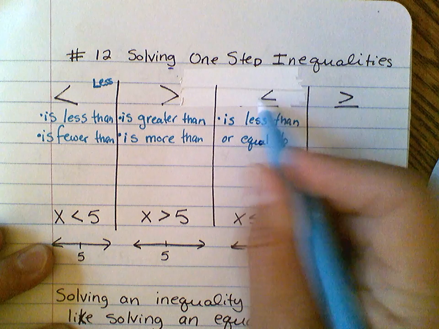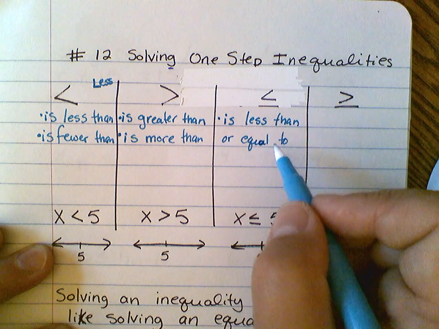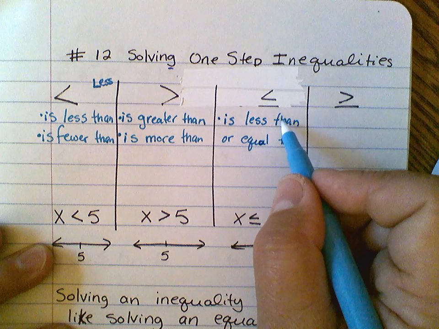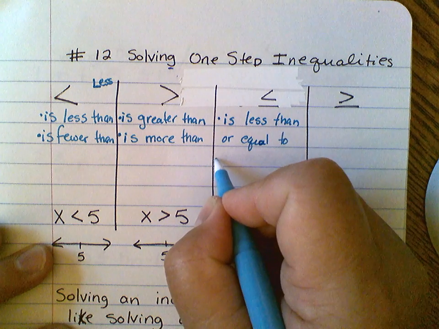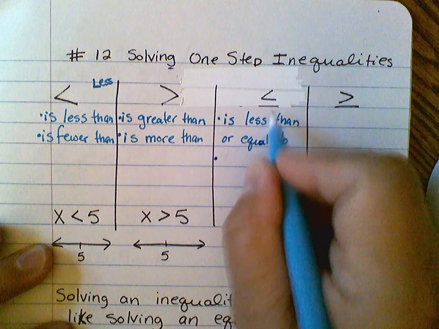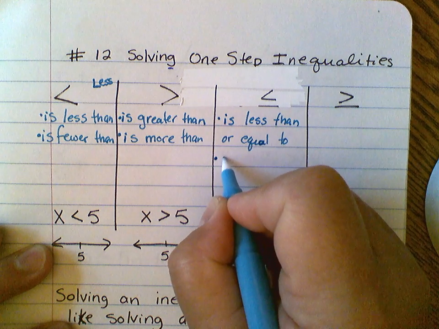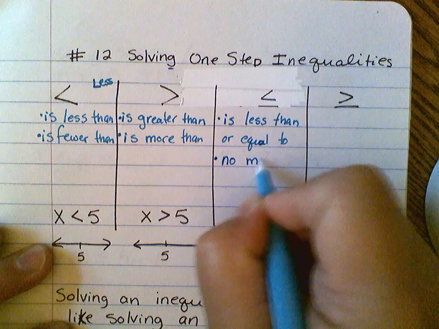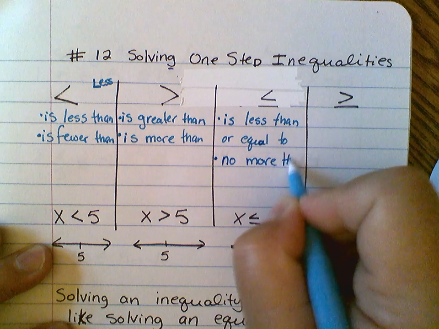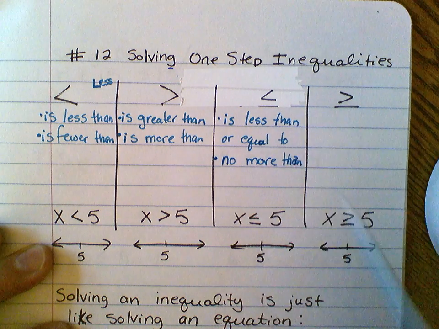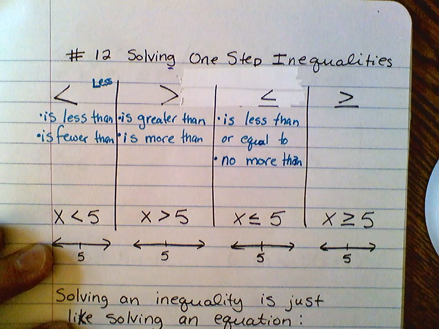So it says both, less than or equal to. It means it can be that number or it can be less than that number. Some other ways to say is less than or equal to would be no more than. So if it's no more than $5, that means it's less than $5, or it can be $5.